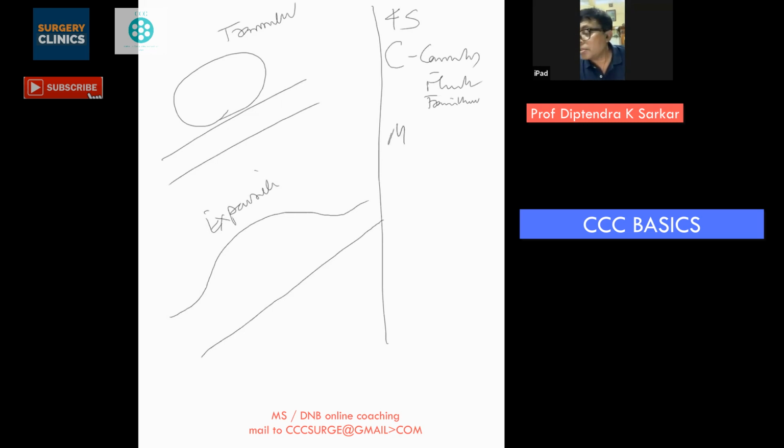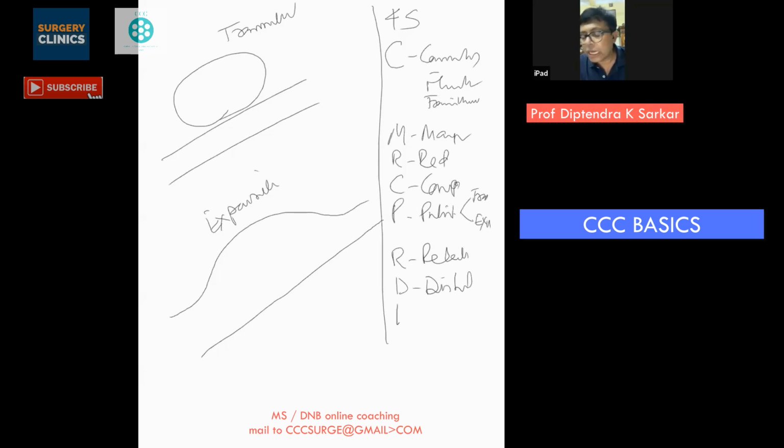M is margin, R is reducibility, C is compressibility, P is pulsatility, and when we talk of pulsatility, it can be transmitted or it can be expansile. Then we have R, which is relationship. Then we have D, which is the distal limb. And then we have L, which is the lymph node.